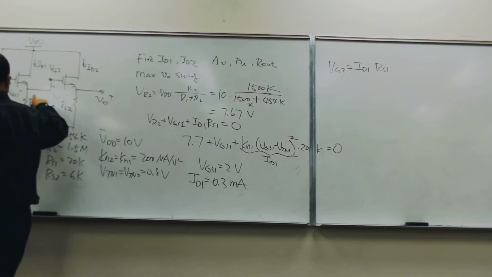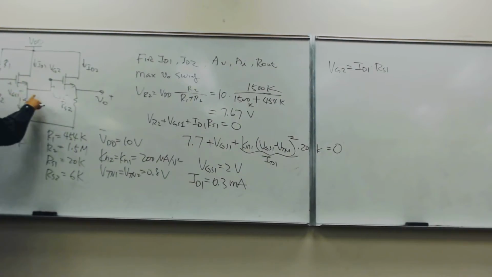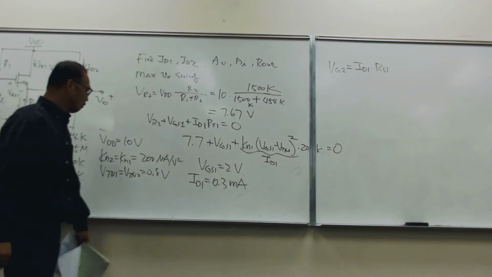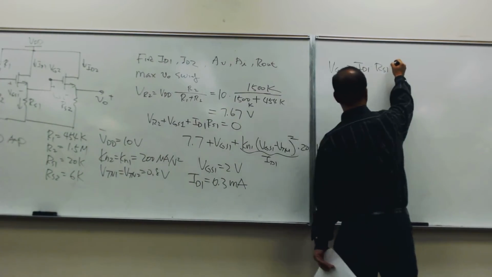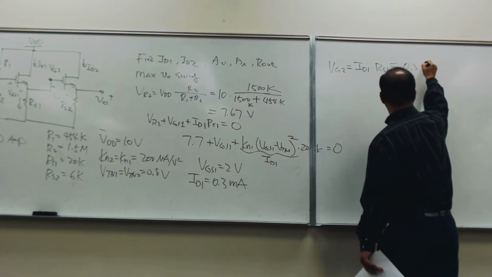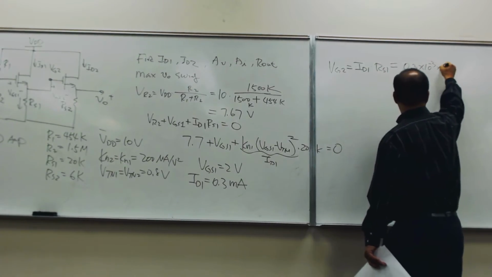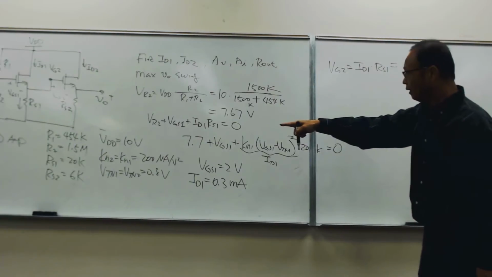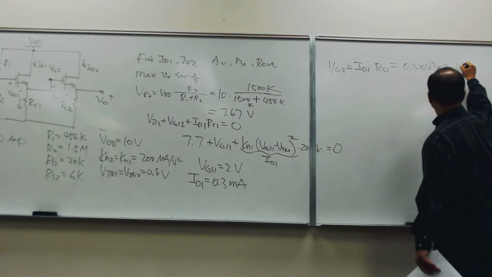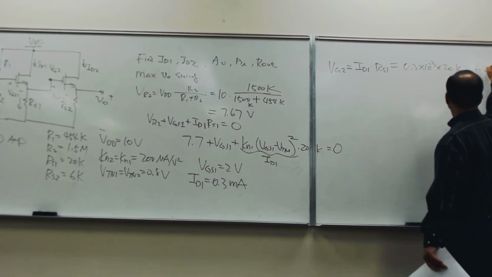I'm talking about the voltage drop here. ID1 times RS1 is the voltage drop here, and that voltage is the same as the voltage here. So it's equal to 0.3 times 10 to the minus 3 times RS1, that's 20K, so it's 6 volts.